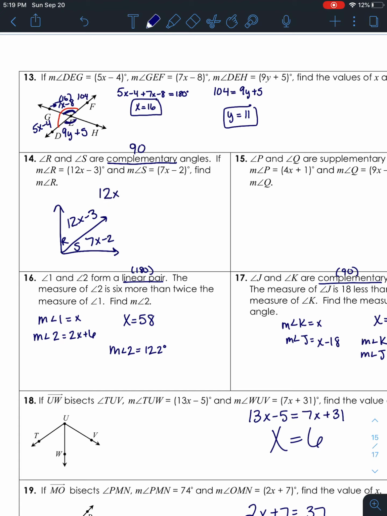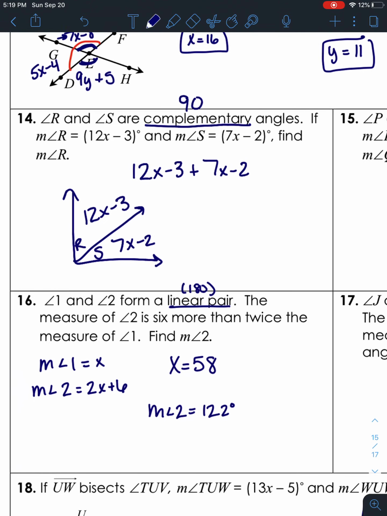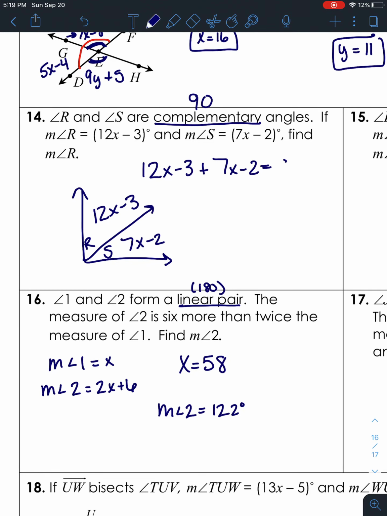So 12x minus 3 plus 7x minus 2. Add those to equal 90. Combine your like terms. So 7 plus 12 gives you 19x. Negative 3 minus 2 gives you negative 5 equals 90.